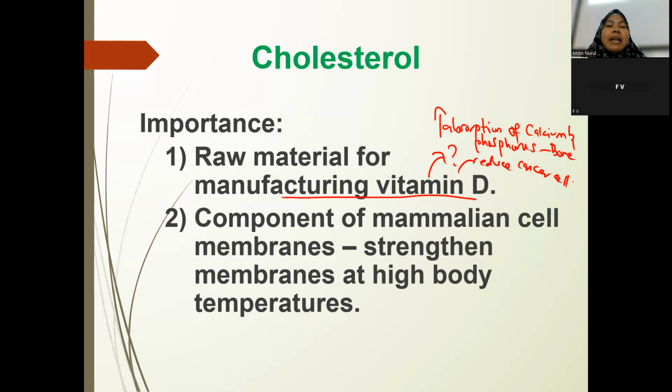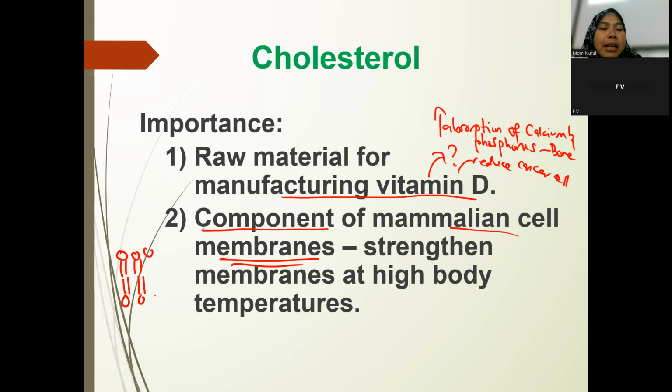So despite that, cholesterol also is one of the components of mammalian cell membrane that helps to strengthen the membrane at high temperature. Okay. So remember plasma membrane tadi Mina tunjuk macam mana rupa dia. Dia adalah dua lapisan phospholipid bilayer like this.